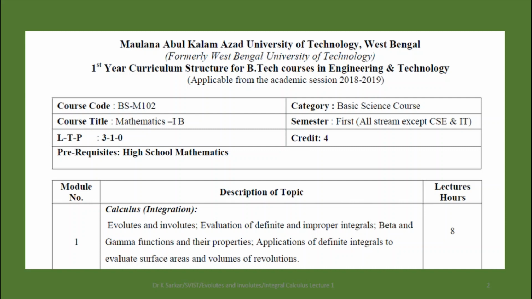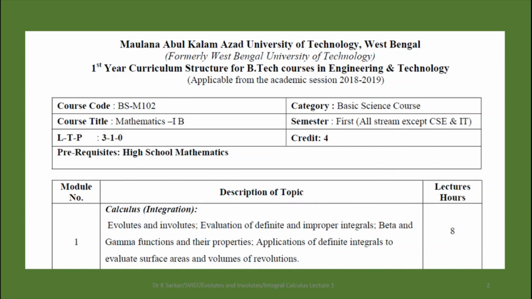Here is the syllabus of Mathematics 1B, paper code BSM 102 for first year BTech courses in Mechanical Engineering, Electrical and Electronics Engineering, Electronics and Communication Engineering, and Civil Engineering. There are 5 modules in this paper.